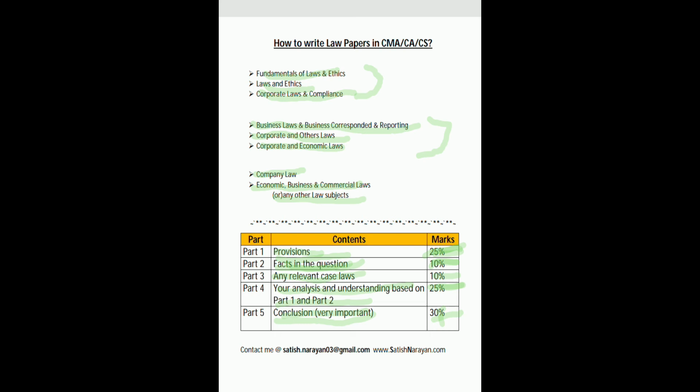This is how you need to conclude your answers. If you have done this, trust me, getting 30% of marks for that particular question in the conclusion section will not be difficult.